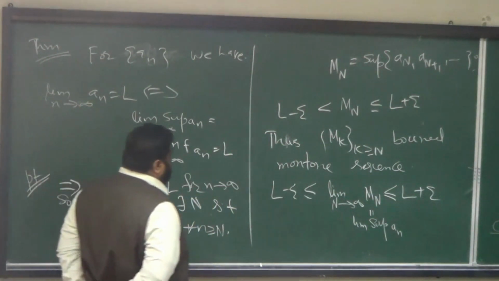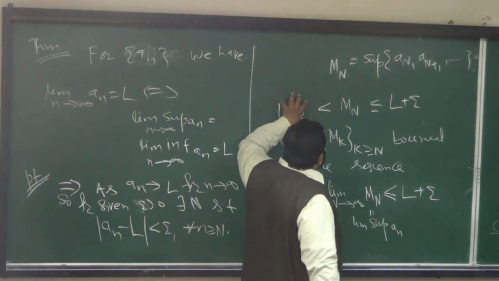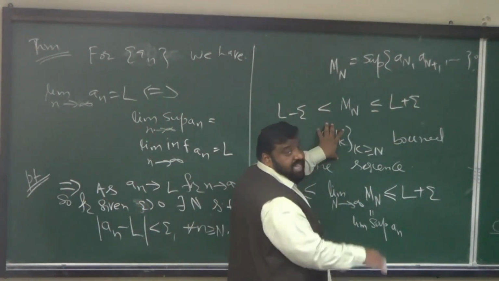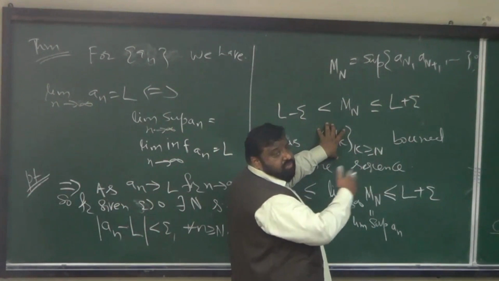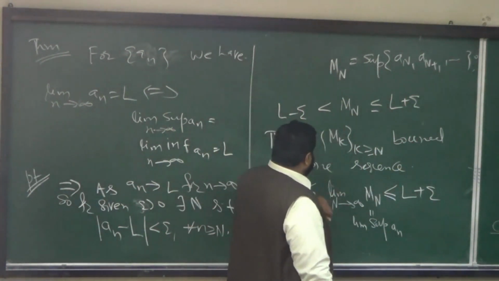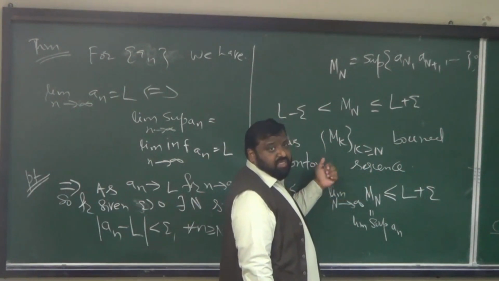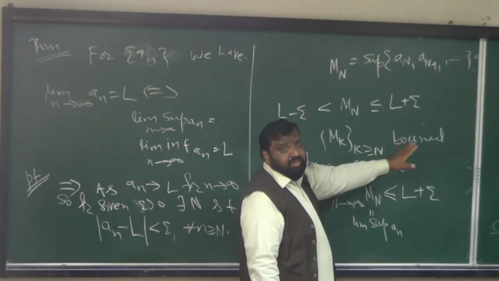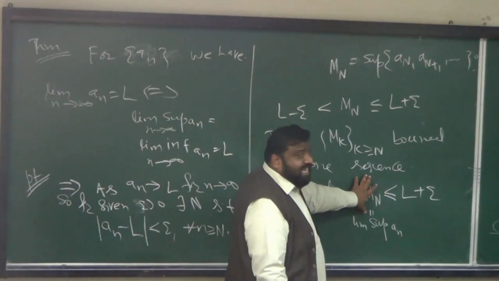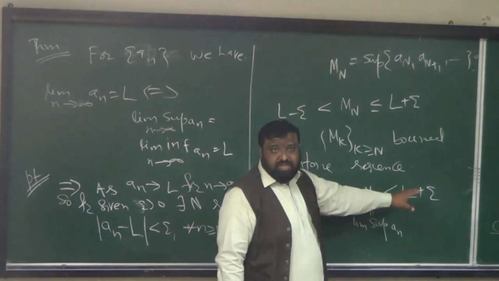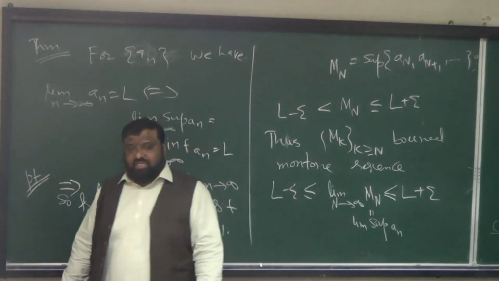So that's why we are saying that as the Mn is between L minus epsilon and L plus epsilon, and Mn plus 1, Mn plus 2 and so on is a bounded monotone sequence, a decreasing sequence, it must converge to its infimum. And we are saying that that infimum is also going to be between basically these two numbers. But why should this be the case?